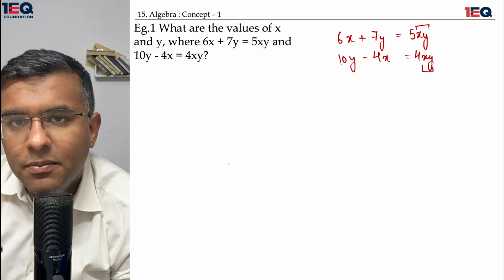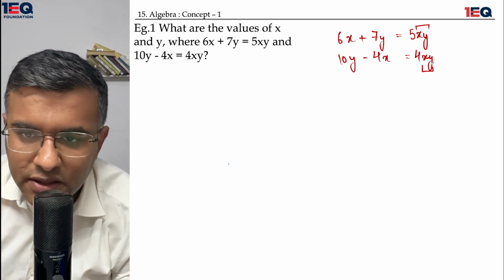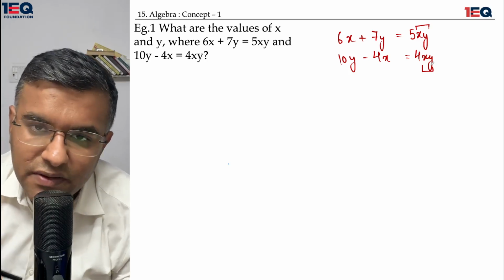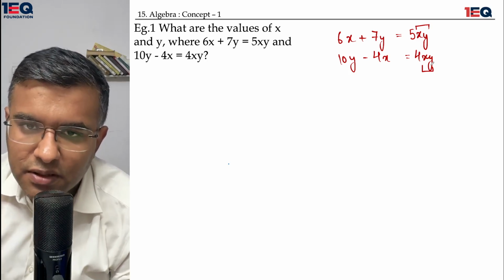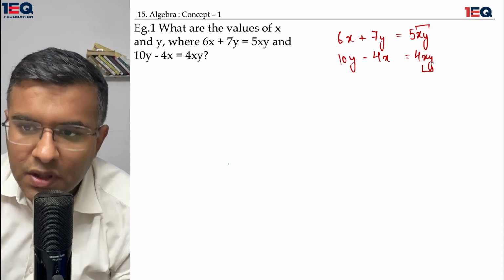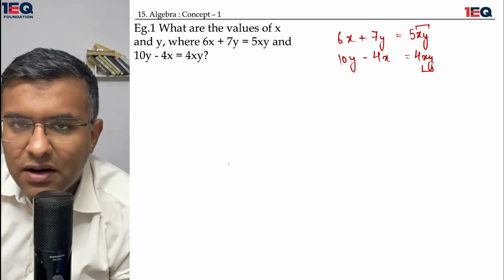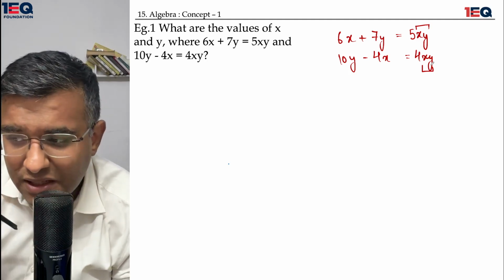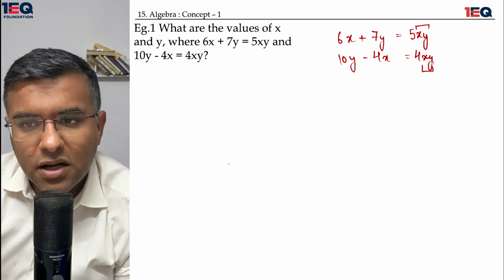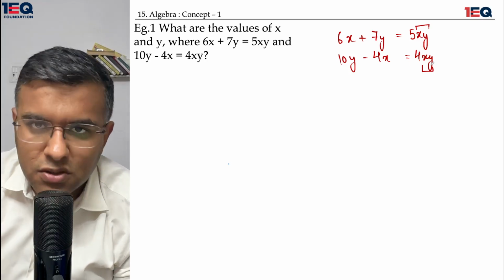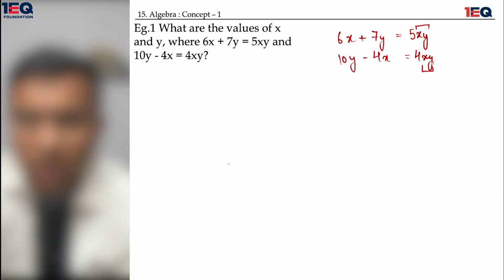Variables, till the time they are being added or subtracted, it's not a problem. As soon as the variables are multiplied or divided with each other, they create a new variable. So in such a situation, I would first have to tactically take away xy from the equation and then solve it. Firstly, I would take out xy from the equation and then solve the two equations.